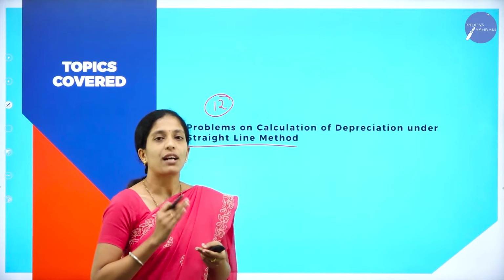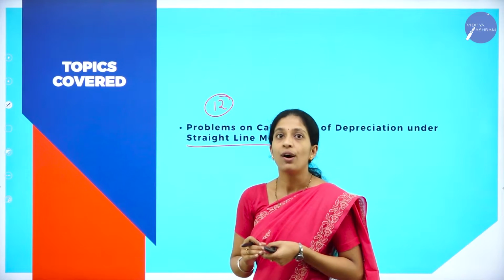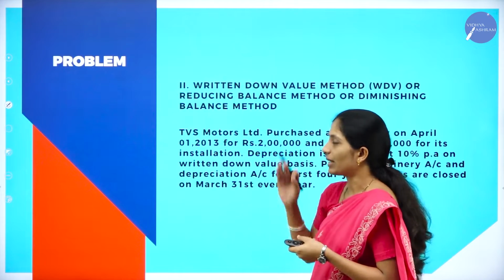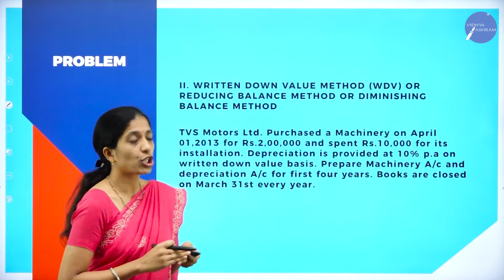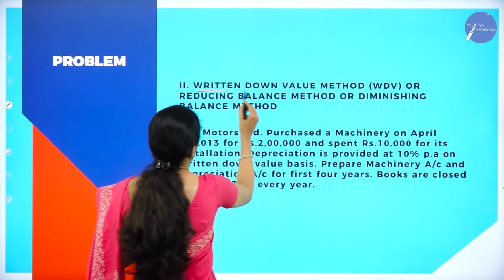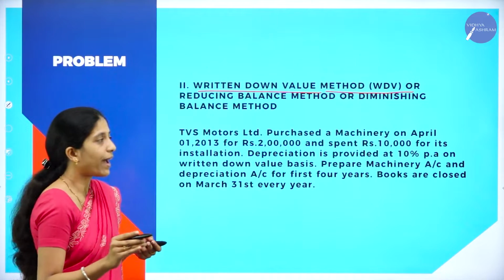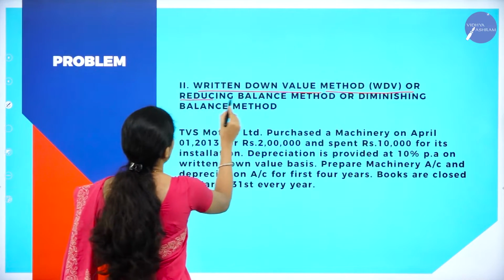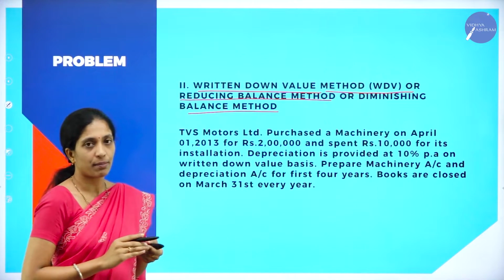In today's session, we are going to continue with problems on diminishing balance method or written down value method. Now, what do you mean by written down value method or diminishing balance method? Written down value method is also called WDV, that is written down value, or reducing balance method, or diminishing balance method.